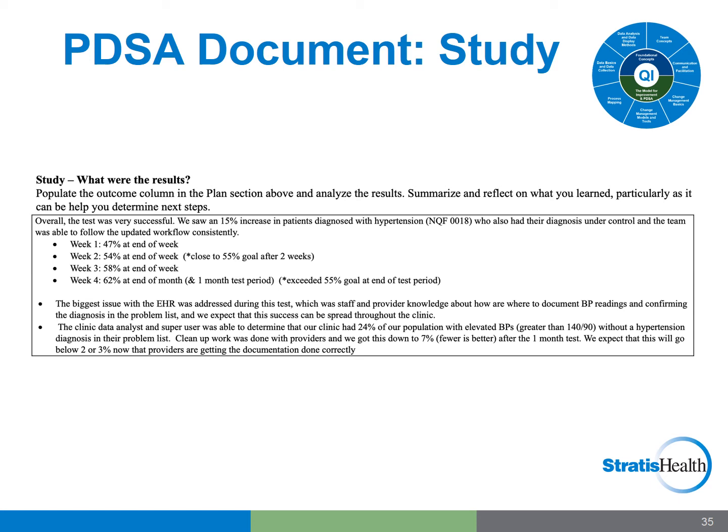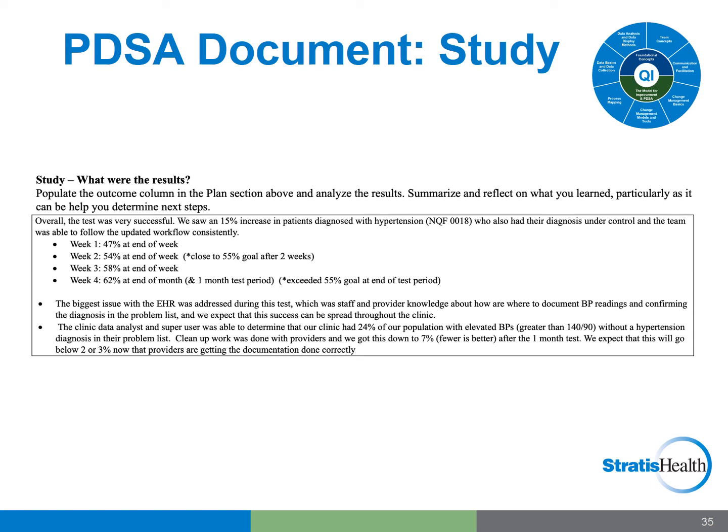Cleanup work was done with providers, and we got this down to 7%, fewer is better, after the 1 month test. We expect that this will go below 2 or 3% now that the providers are getting the documentation done correctly. This is great news and indicates a successful test of the changes made by the clinic, but they haven't come to the end of their PDSA work yet.